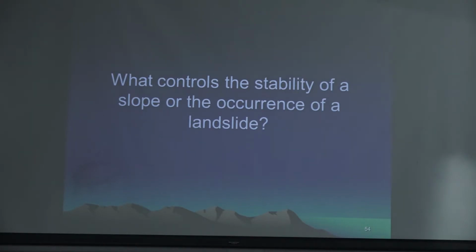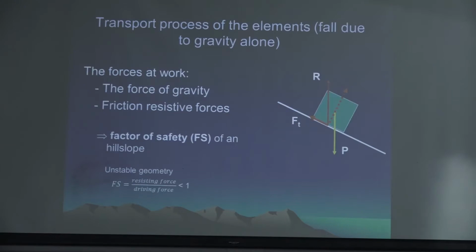What controls the stability of a slope and the occurrence of a landslide? For engineering purposes, for people looking at the threat and the gravitational hazard, they are used to defining what we call a factor of safety for a given hill slope or landslide, which is the ratio between the resisting force, so the friction force along the fracture plane, divided by the driving force, so mostly the weight of the volume of the rock slide or of your hill slope.